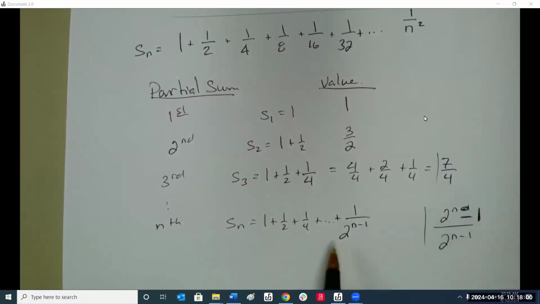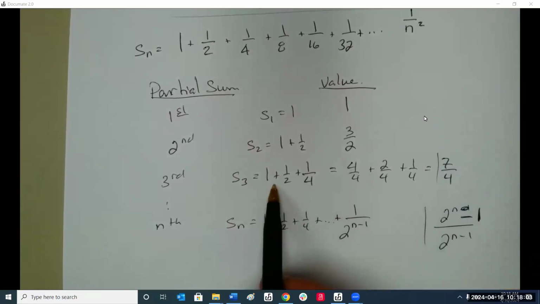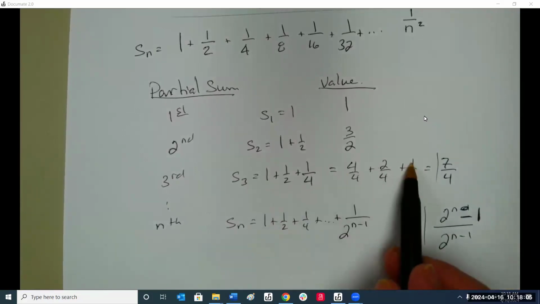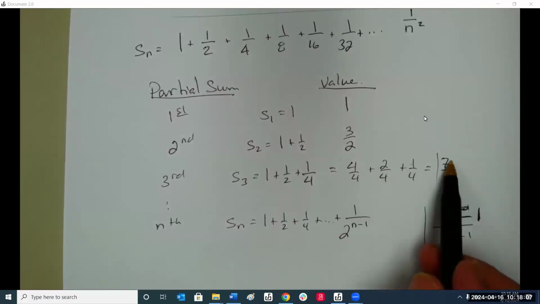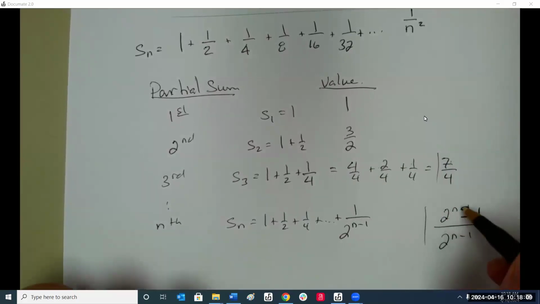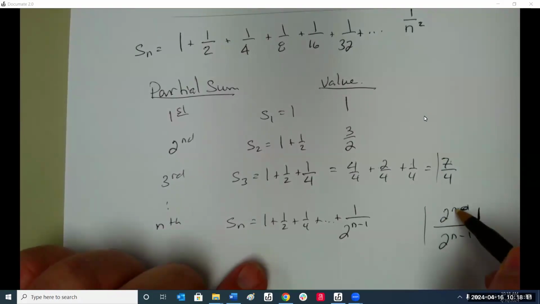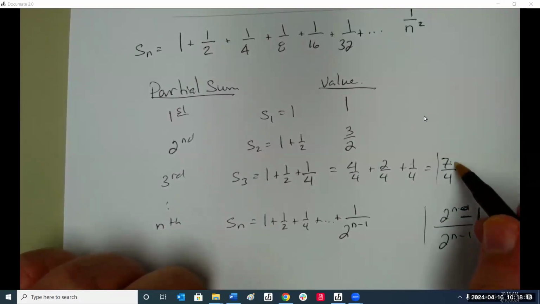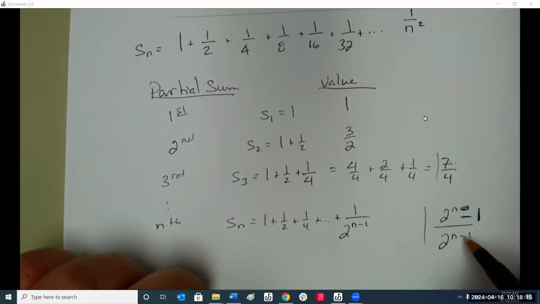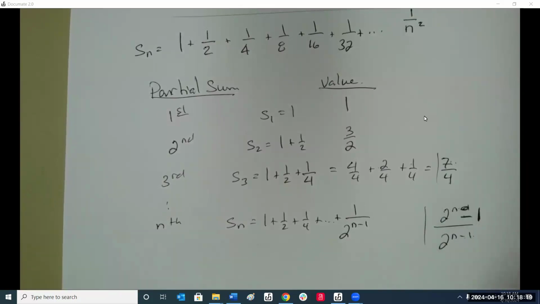The reason we do this is because, like we did up here, we had to add up the numerators. So in the third one, we had 2 to the third is 8, minus 1 is 7, over 2 to the third minus 1, which is 2 squared, 4.